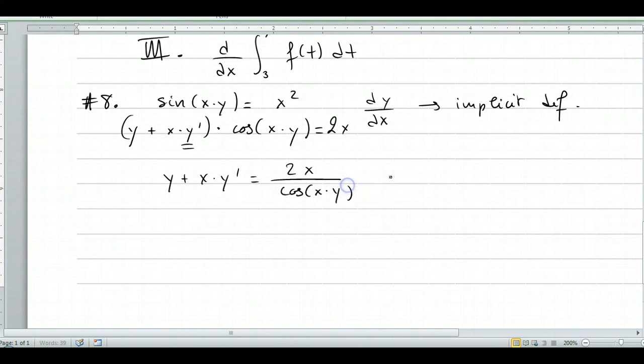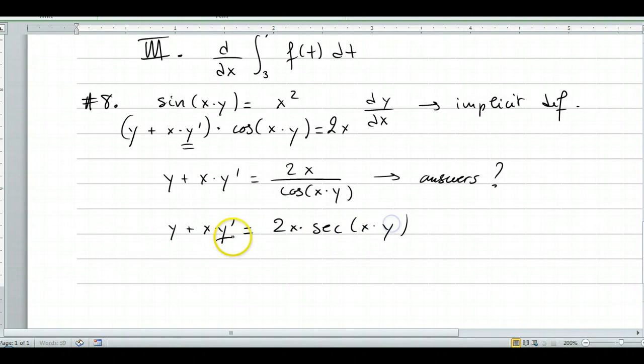Now, I can continue like that, but let's take a look at the answer. Let's look at what you see. Well, none of them contain cosine. That's what they've done. It's a little trick. I mean, it's not a trick, but they went to secant. So before I go any further, let me just rewrite this line as 2x times secant of xy.